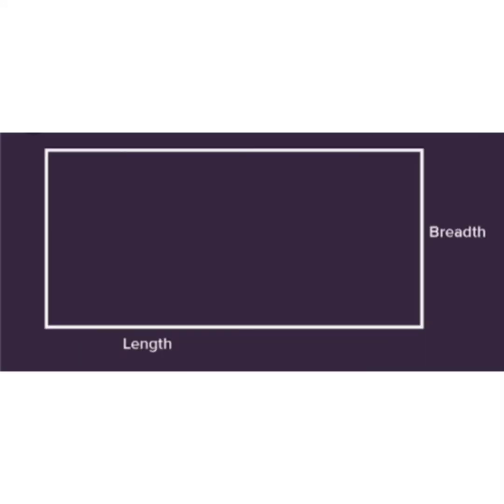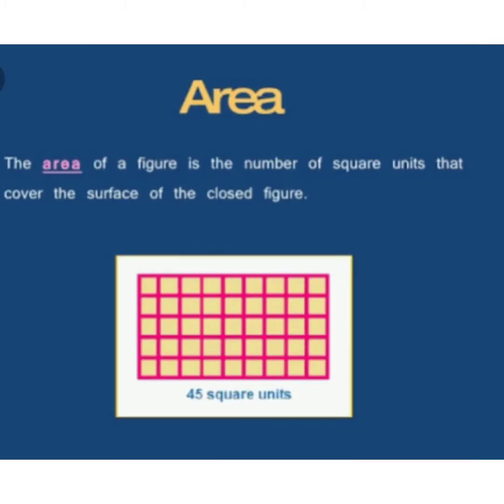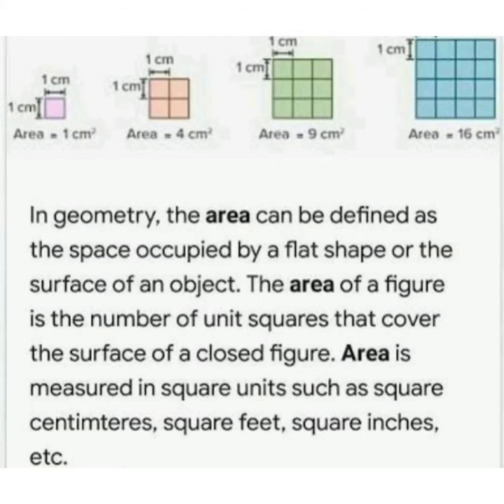The amount of surface covered by a closed shape is called its area. The area of a figure is the number of square units that cover the surface of the closed figure.